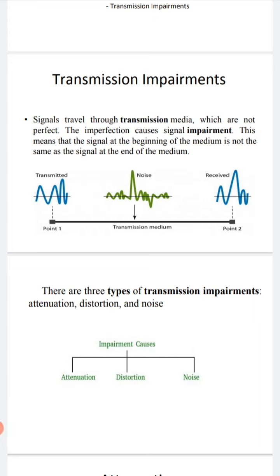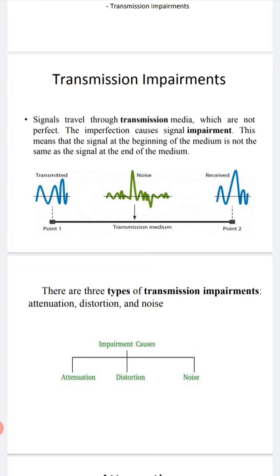When you transmit the signal through the transmission medium, the noise will be added. So the structure of the signal is changed. At point 2, the receiver receives a signal that is different from the transmitted signal.